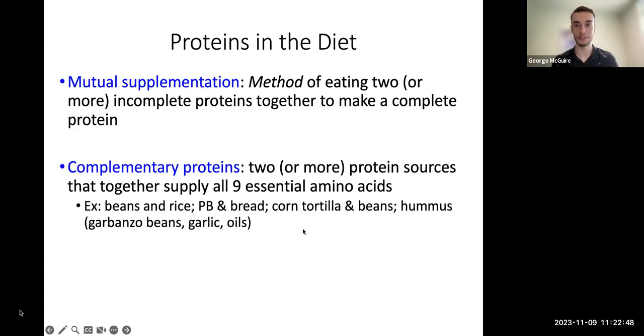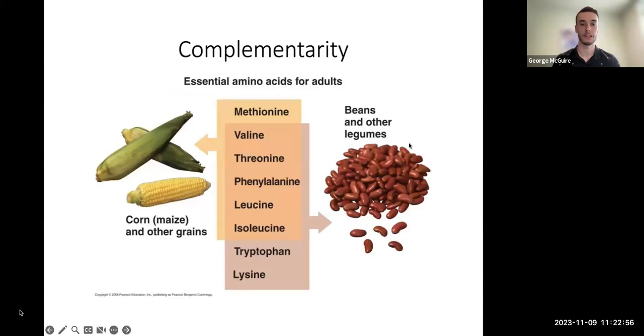Though it shouldn't be too difficult to achieve that goal, there are lots of very common combinations of foods that are complementary.